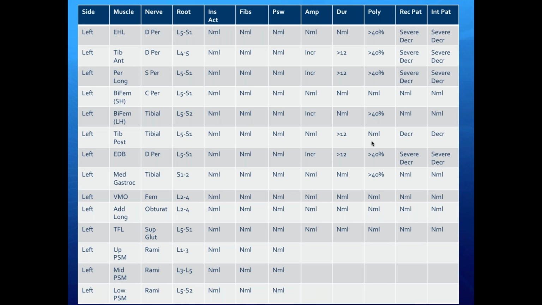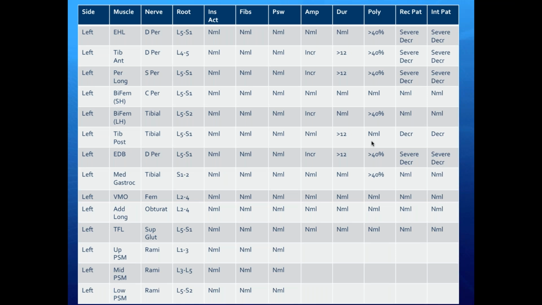However, when we looked at individual motor units, we saw that some of the muscles had increased polyphasics, such as the EHL, the anterior. You're not going to read them all, but you can take a look at it there. Some of the muscles had increased duration, like the anterior tibialis and the peroneus longus.